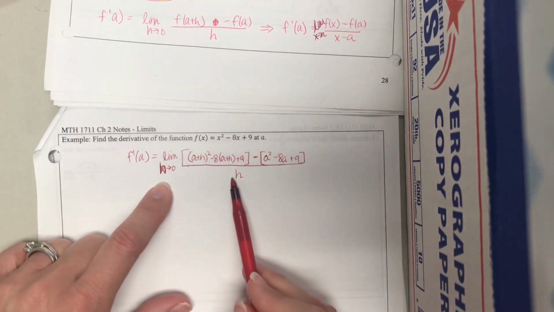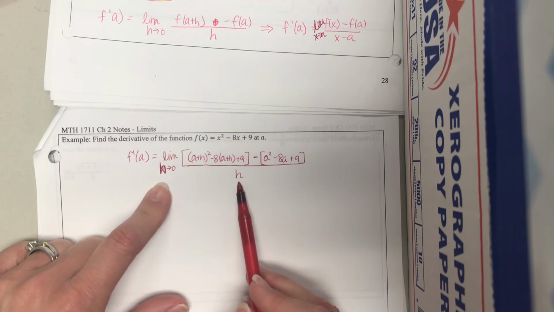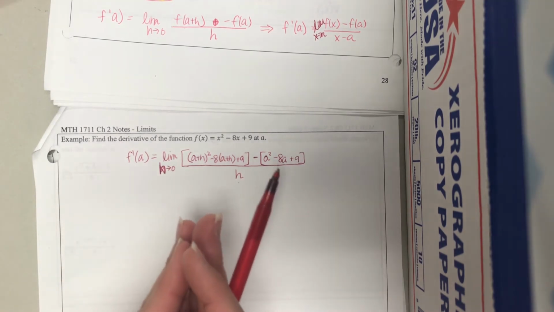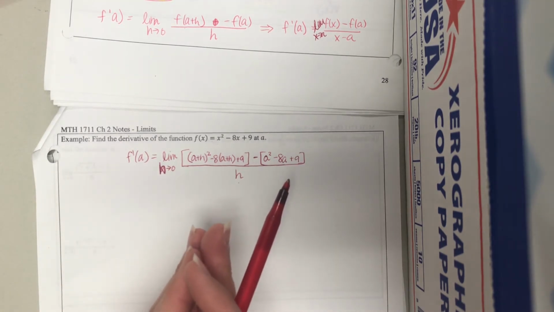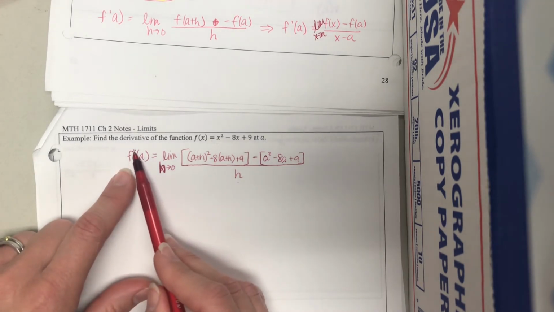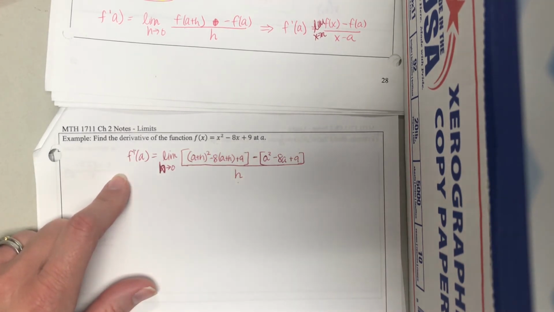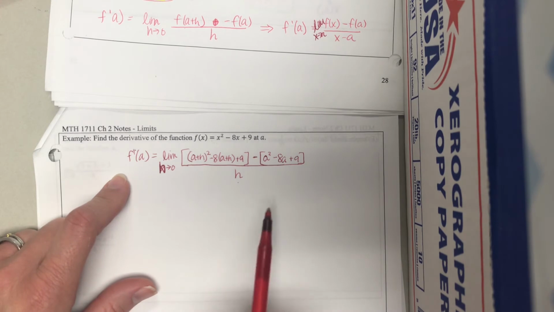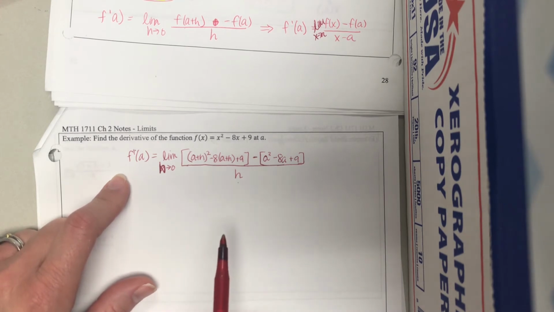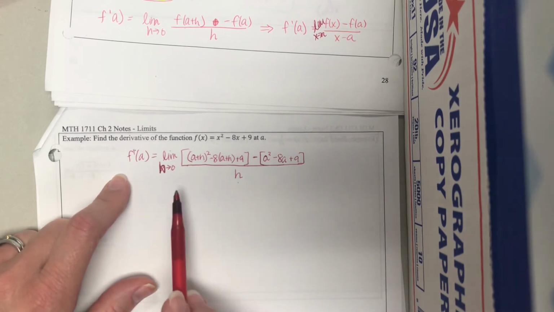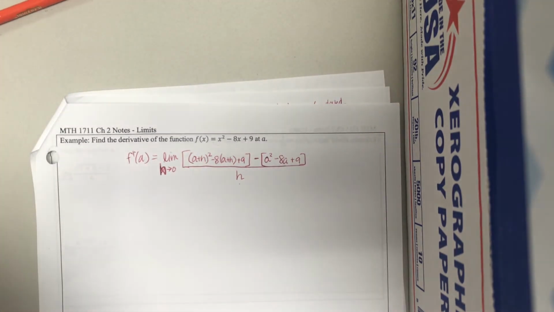As this h value gets closer and closer and closer to 0, we're trying to evaluate what this function is going to look like. And this, again, is going to find the derivative, or the slope of our function at any given point a. So our final answer is going to have an a in it. Now all we have to do is a little bit of algebra, a lot of algebra, I guess.